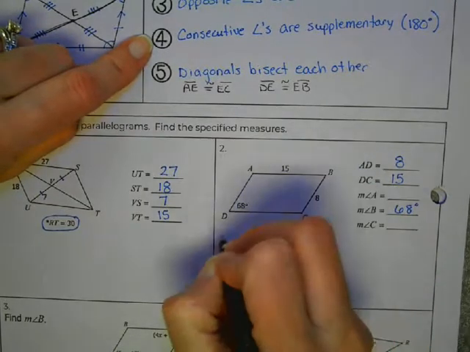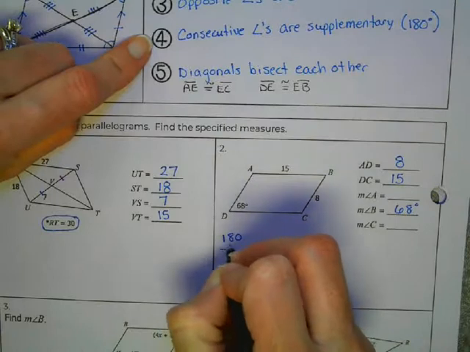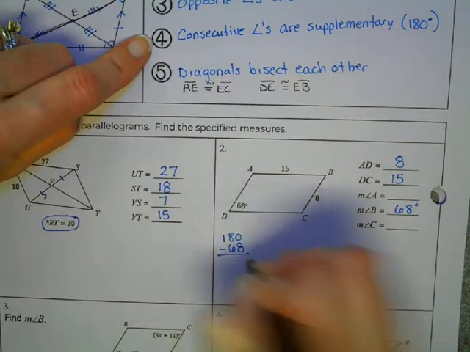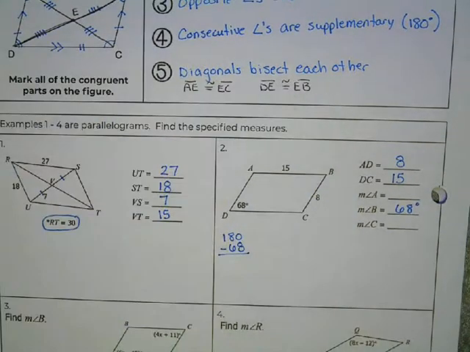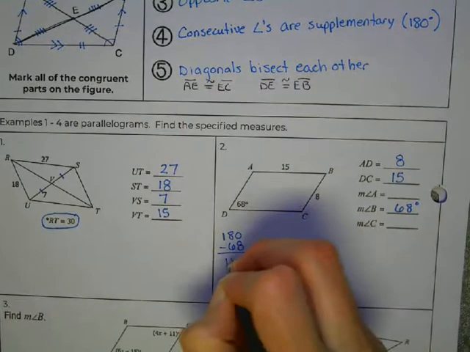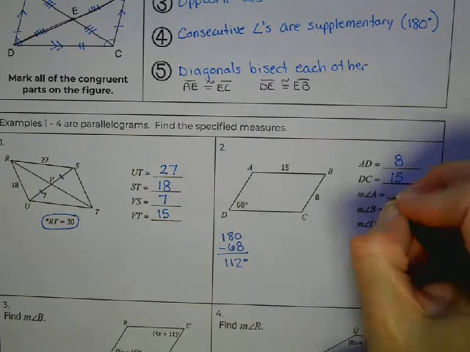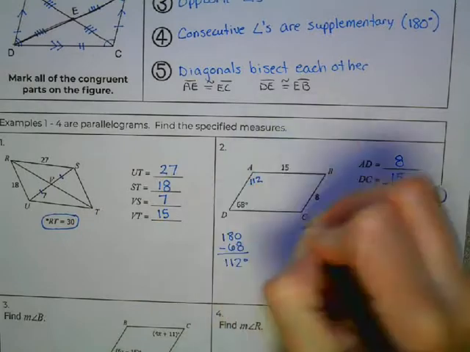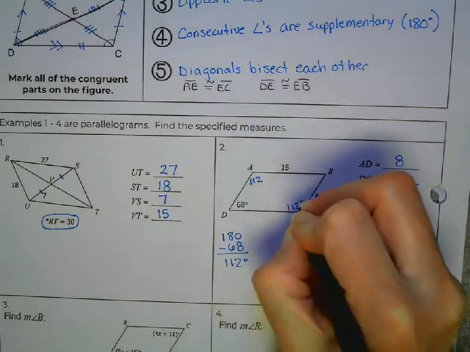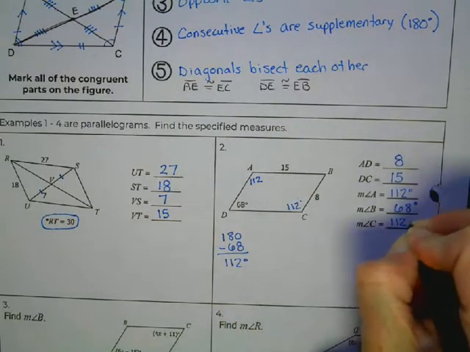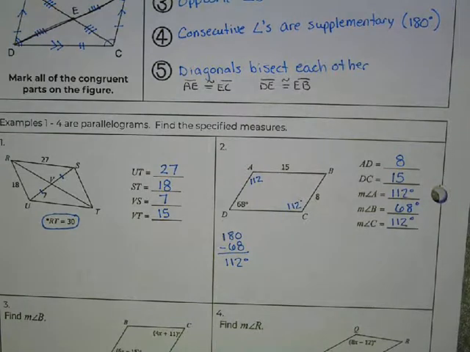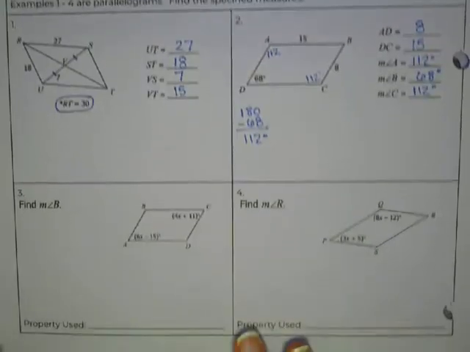Consecutive angles add up to 180. So we're going to take 180 minus 68 to figure out angle A. So that is 112. So angle A is going to be 112. So angle C is also 112, because those are opposite angles of each other, and both consecutive with the 68.